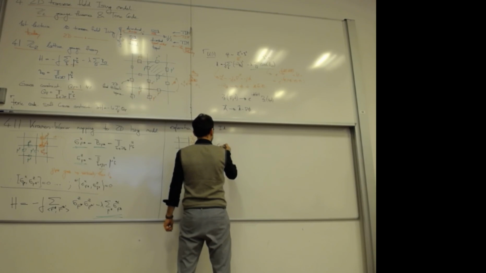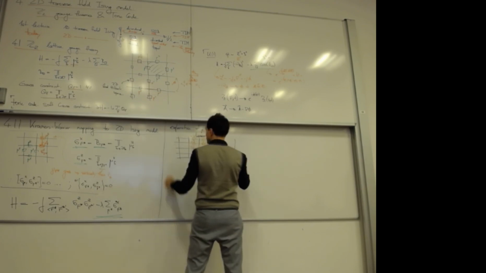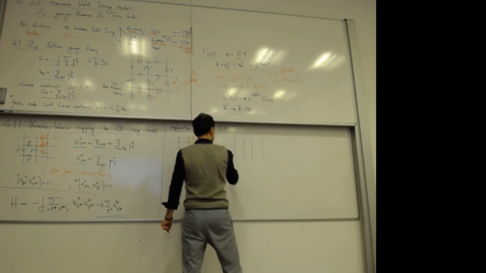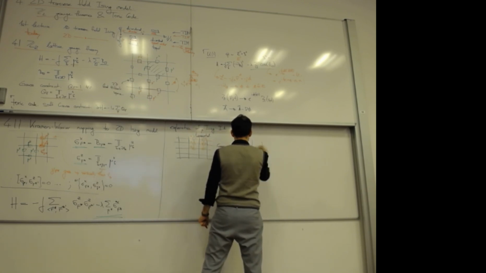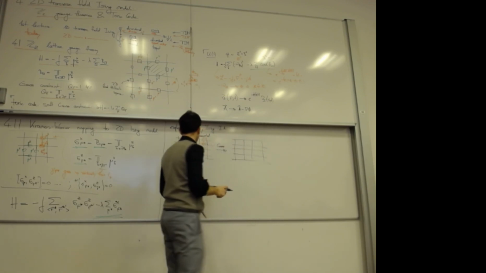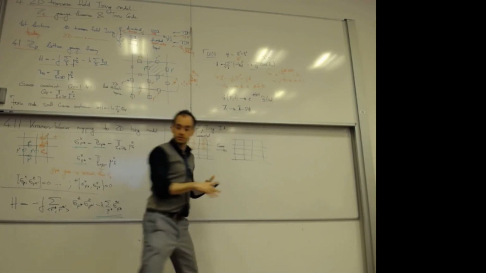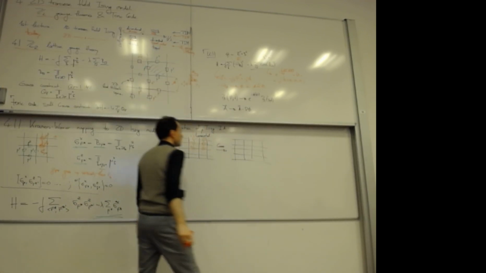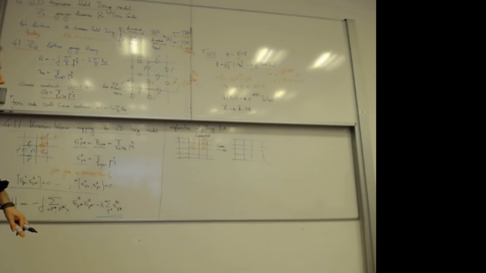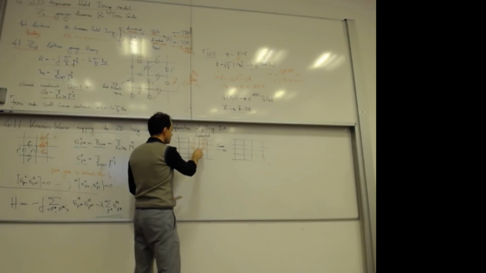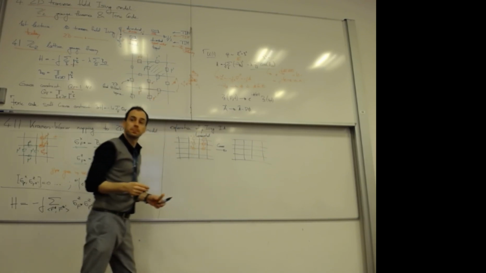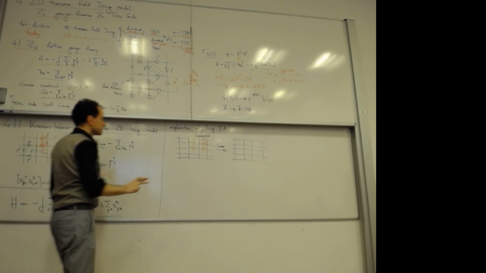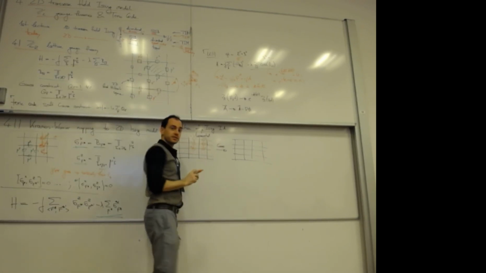How many do I have here? 4 of those. And 1, 2, 3, 4, 5. And so these were the two that I was interested in. And I act here with my Gauss constraint. When I do that, that's a product of mu x's. So it's x, x, x, x that I act here.